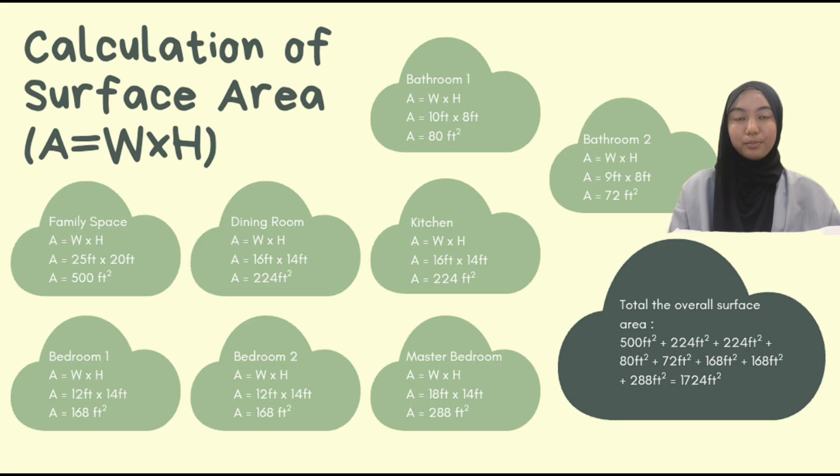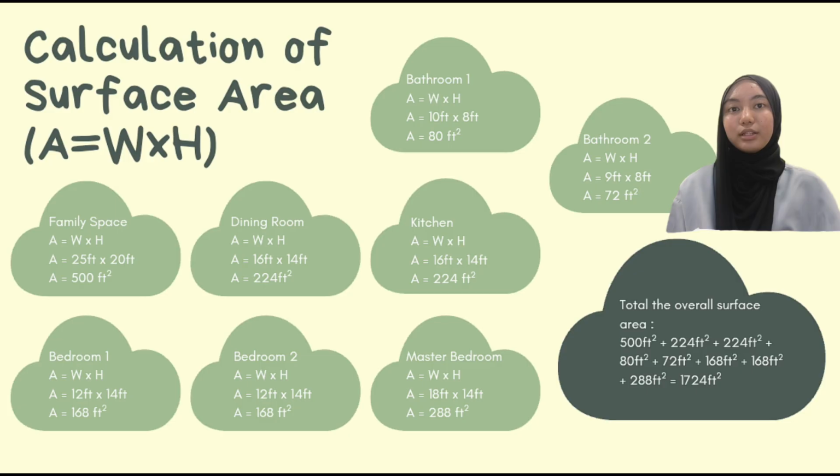Next, we have the bathrooms. Bathroom 1 has 80 square feet and bathroom 2 has 72 square feet. And we have 3 bedrooms, the first is the master bedroom, which has 288 square feet. Bedroom 1 and bedroom 2 have the same area, which is 168 square feet.